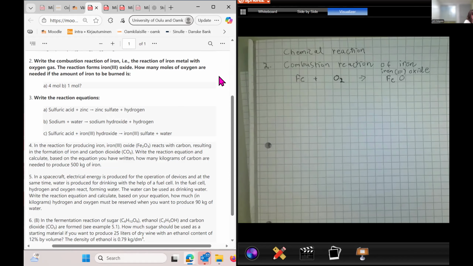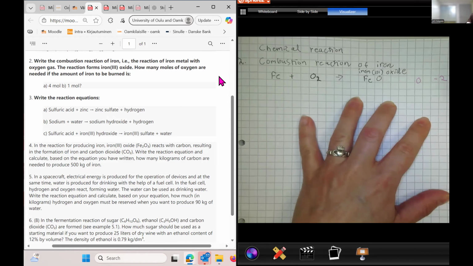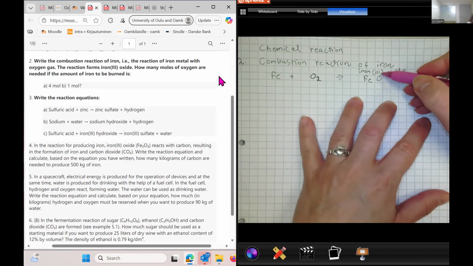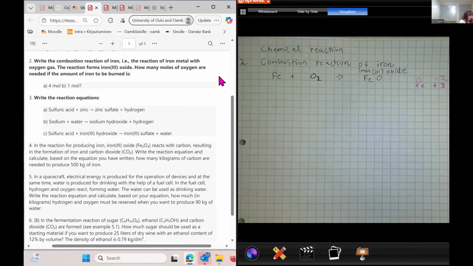So if the oxygen is -2, then the iron is +3, because this 3 here means that the oxidation number is +3.